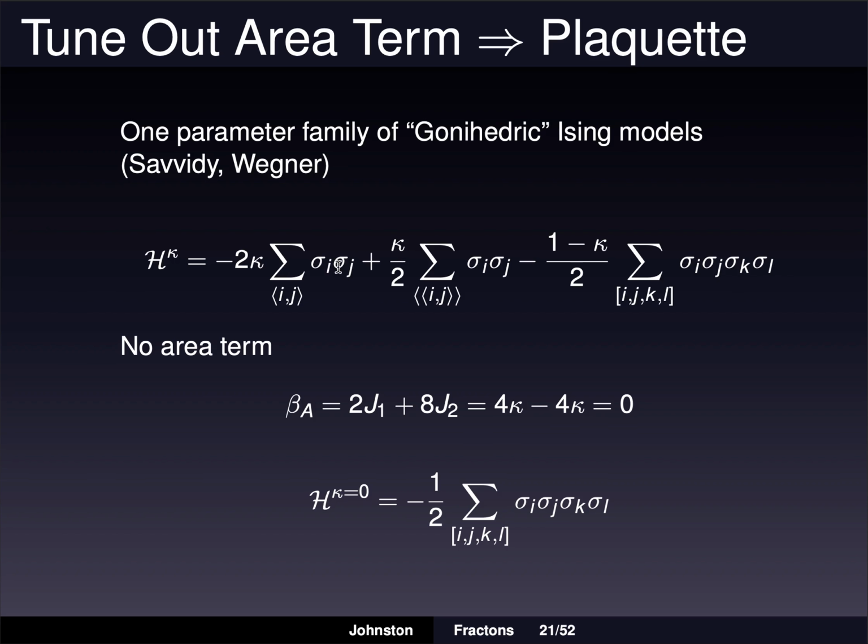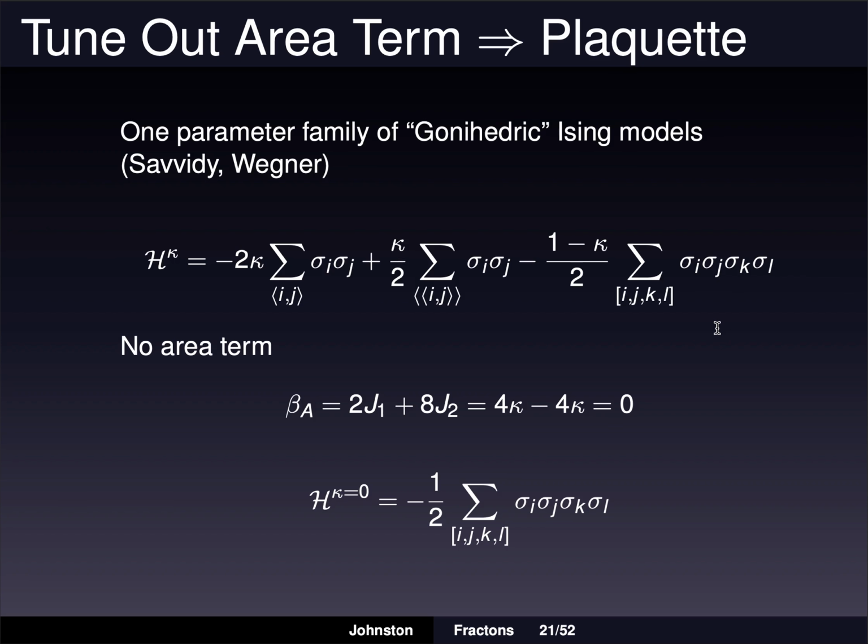And now we notice one particular example in this family of Hamiltonians. Whenever kappa is equal to 0, only the plaquette term is left. And the kappa term, if we trace it back to the surface model, is the term that weights the self-intersections of surfaces.